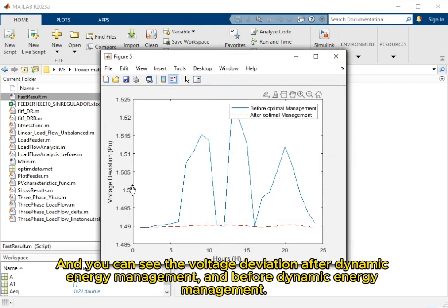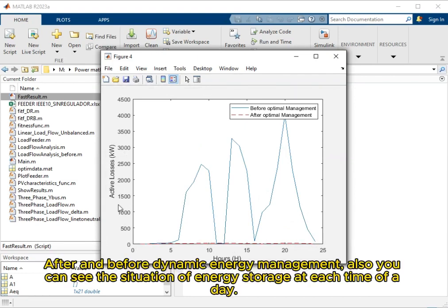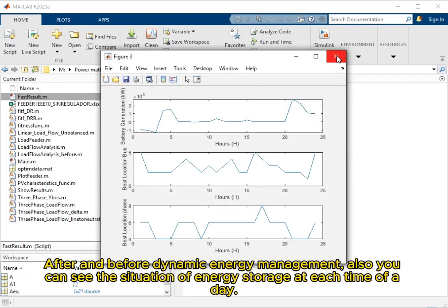And you can see the voltage deviation after dynamic energy management and before dynamic energy management, and active losses after and before dynamic energy management. Also, you can see the situation of energy storage at each time of a day.